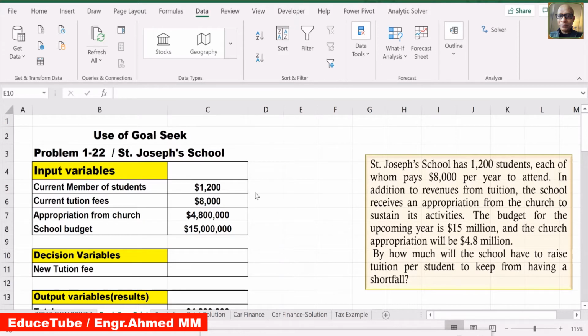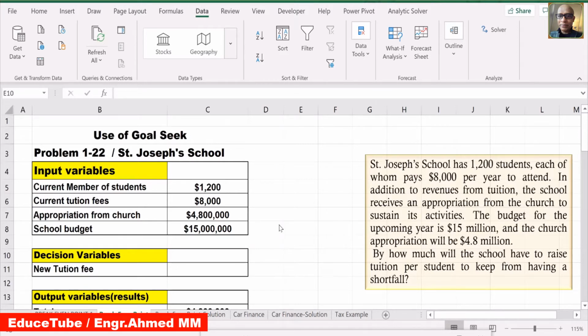So in this problem, we will create a business decision model. To define a business problem, we have to have input variables, decision variables, and output variables from this problem.